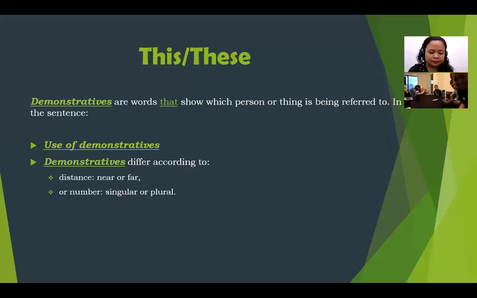The demonstratives differ according to... Yeah, so first one, distance.